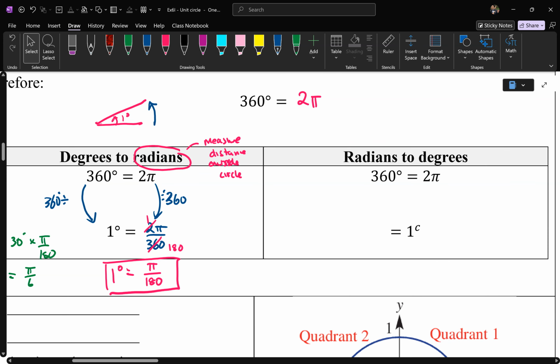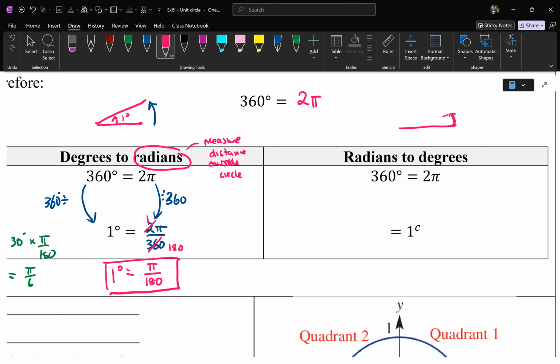What if I wanted to know 1 unit distance, what would the angle be? So if I made an angle distance of 1 radian, so little c represents radians, 1 unit length in an arc of a circle, what would the angle be? Same idea. How do I go from 2 pi to 1 unit? You would have to divide by 2 pi.